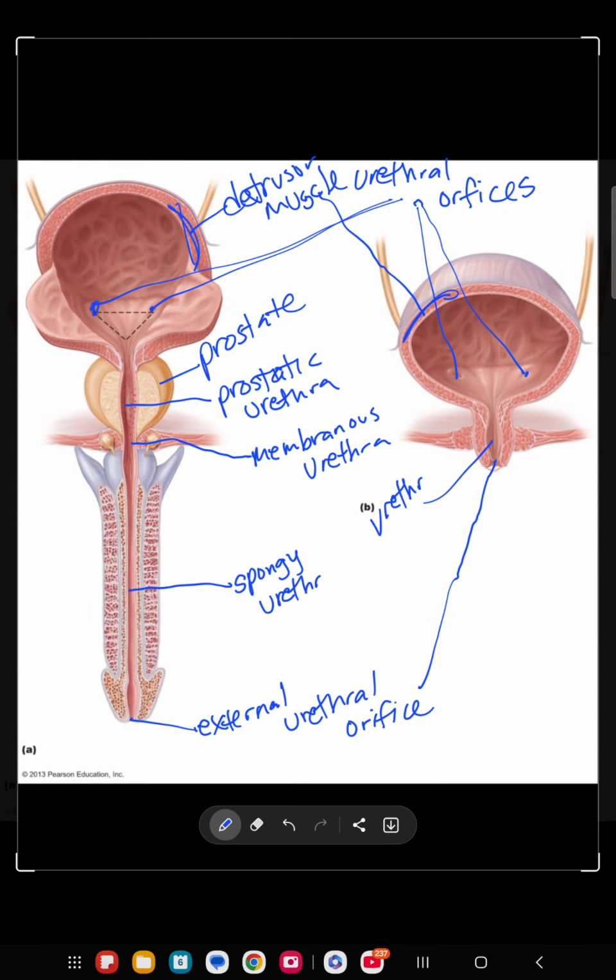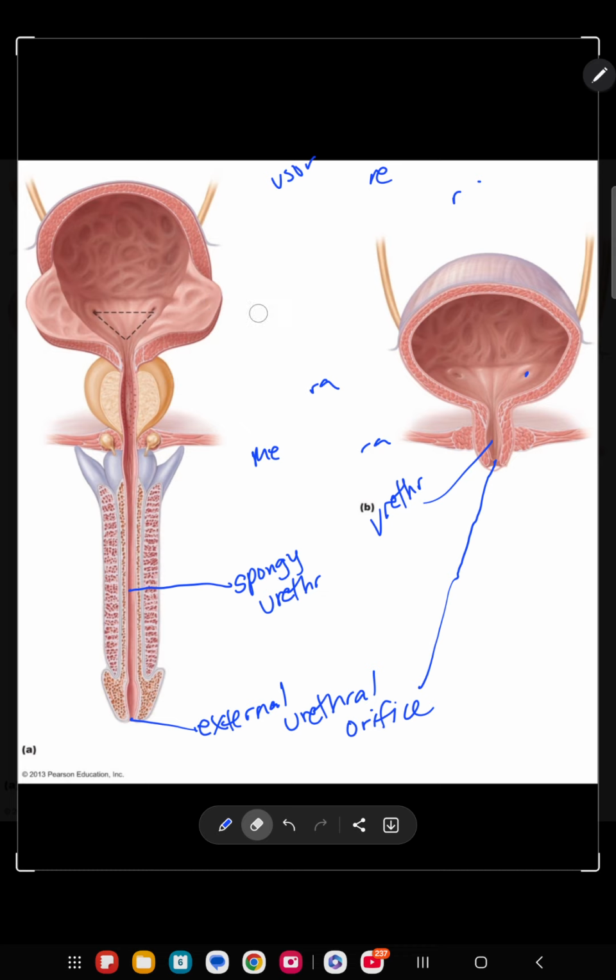Let me erase some of this now so we can see better. This triangular area is the trigone of bladder.